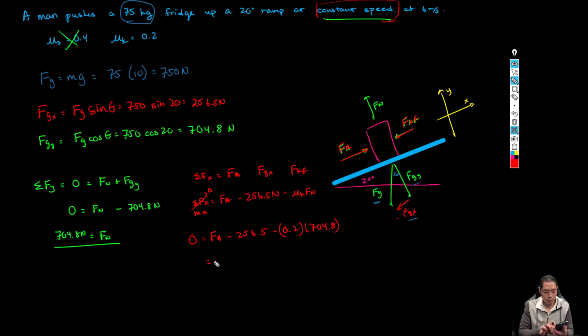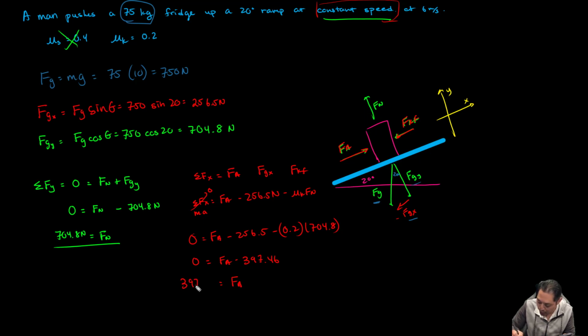Plug that into my calculator. 0.2 times 704.8. I get 140.96. These are both negative, 256.5. So I get 0 equals force applied minus 397.46. Move it to the other side. Force applied is equal to 397 point something.